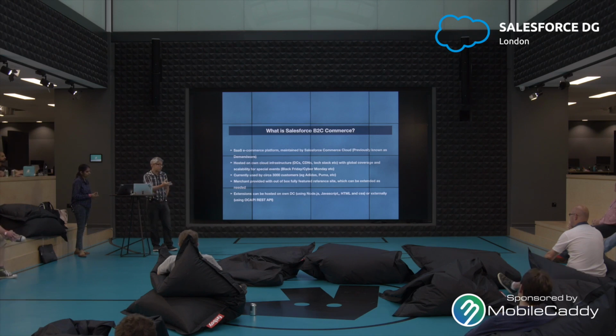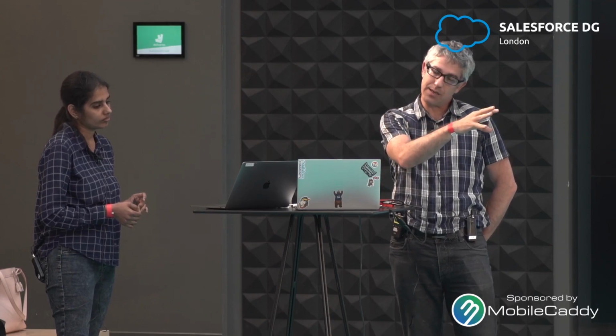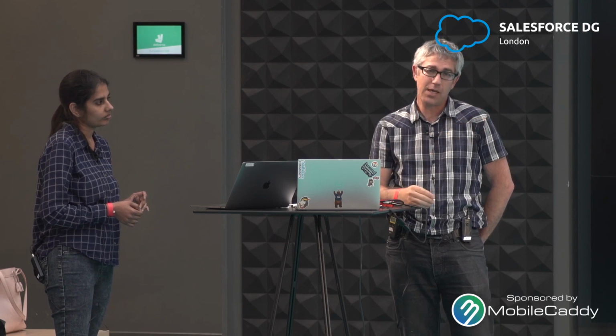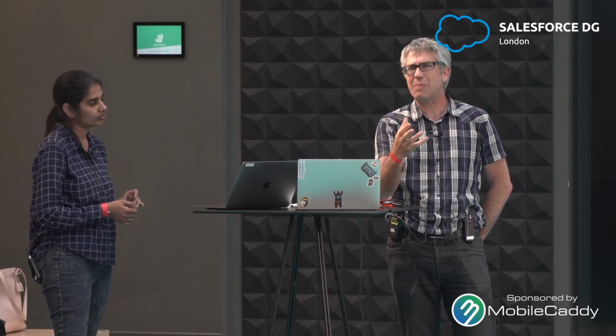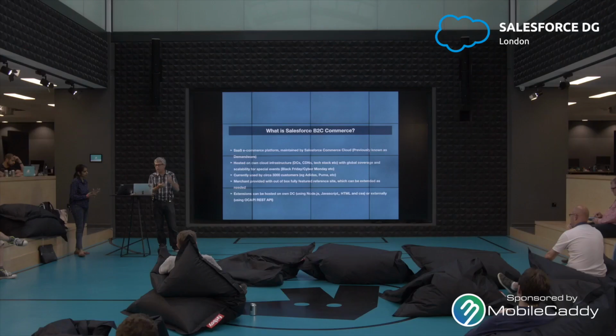And you can write your own extensions, host them on your own data center, on Heroku, on Docker, and the likes, and integrate. So you can add your extensions on the Commerce Cloud data center using the web development toolkit: Node.js, JavaScript, HTML, CSS, and so on. Or you can write it on your own infrastructure and integrate through OCAPI.